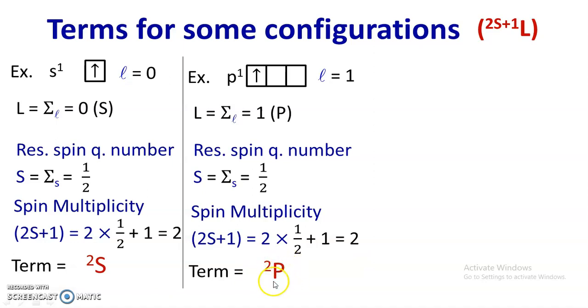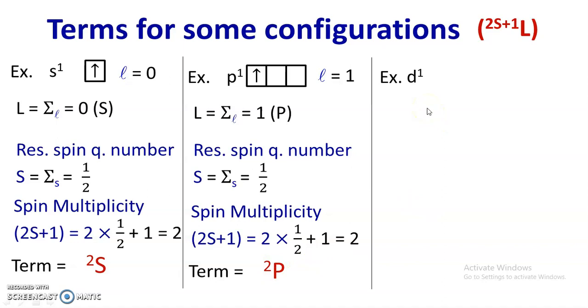So this P signifies that L is equal to 1, and number 2 is the multiplicity. So you know multiplicity is related to the unpaired electron as well. It is actually number of unpaired electron plus 1. So this multiplicity reflects that there is one unpaired electron. So 1 plus 1, that is 2.